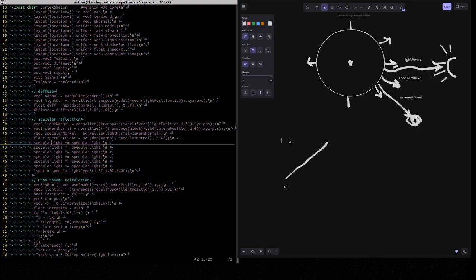Then when we take the power, that essentially keeps 1 at 1, but it makes all these values that are less than 1 go to 0.